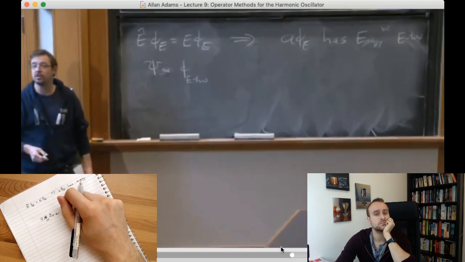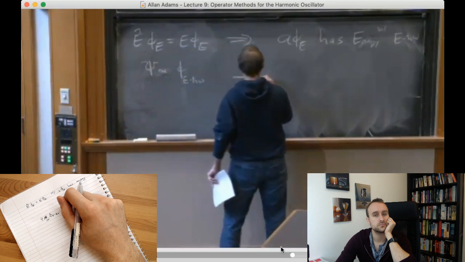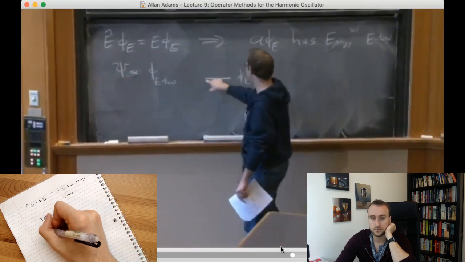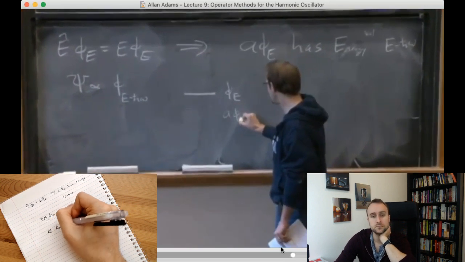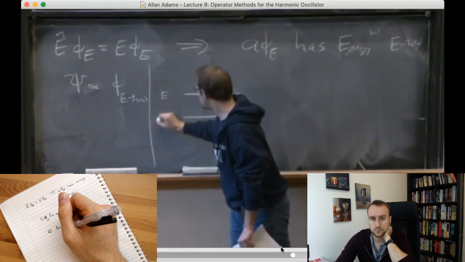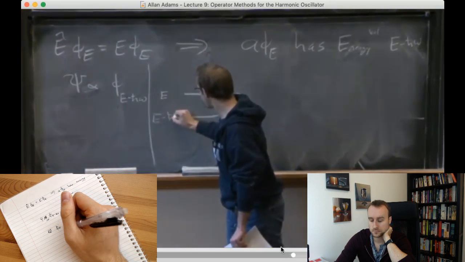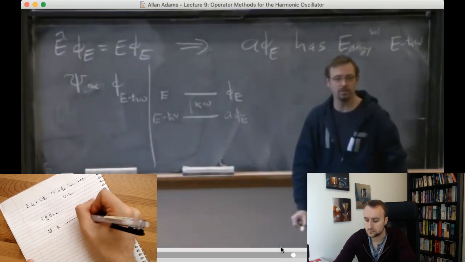Recall that? So now let's think about what this tells us. If we have a state phi E, which I will denote by this energy level, then if I act on it with A, I get another state where the energy, instead of being E, is equal to E minus h bar omega. So this distance in energy is h bar omega. Cool?